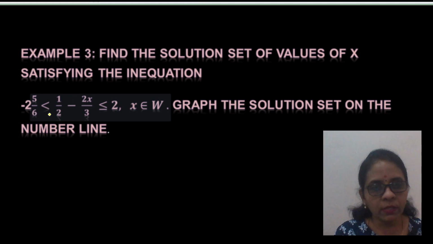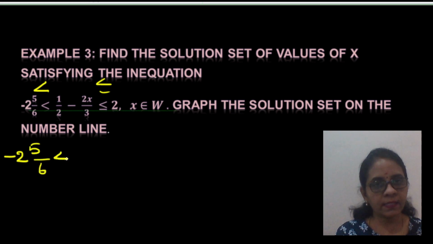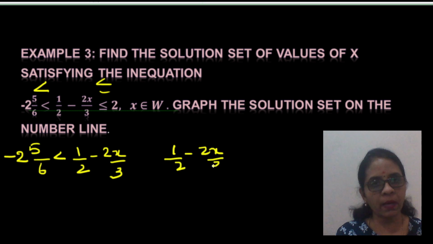If you observe carefully, there are two inequality signs, one is less than and one is less than or equal to. When you have two inequality signs, children, divide your entire inequation into two sets. One set is -2 5/6 < 1/2 - 2x/3, and the other is 1/2 - 2x/3 ≤ 2.